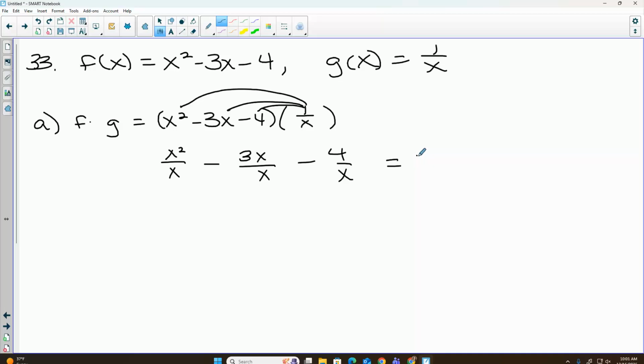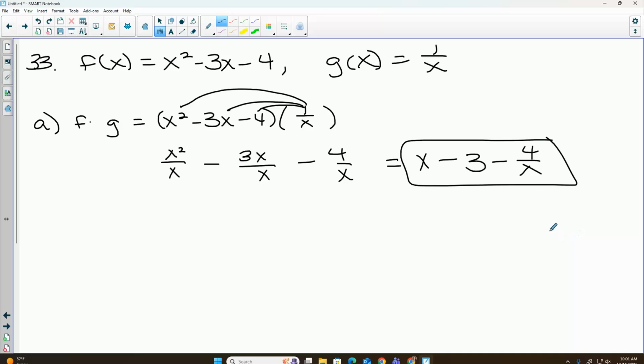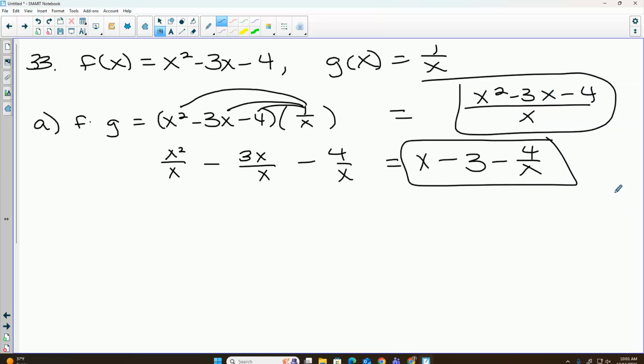I'm reducing as necessary, so you just get x minus 3 minus 4 over x. And you can write your final answer like that. Another way you might have had it written, x squared minus 3x minus 4 all over x, if you did a single fraction. Either of those answers is correct.